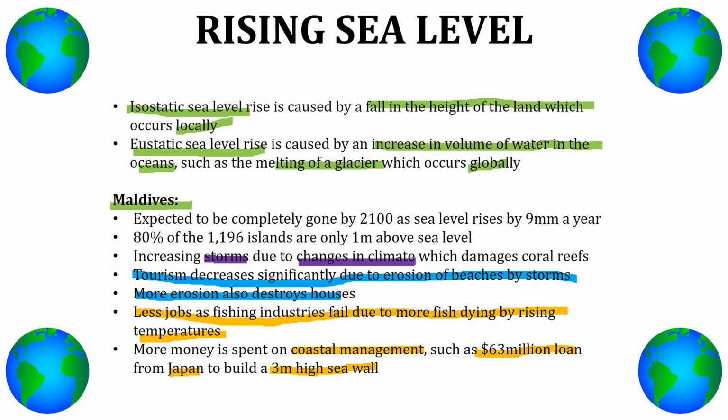They're only found in tropical coastlines, so yes, it damages coral reefs. And 80% of the 1,196 islands are only 1 meter above sea level. That's pretty shocking. So these houses and businesses are quite likely to get flooded.